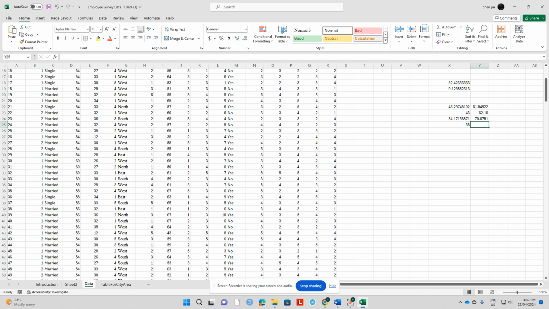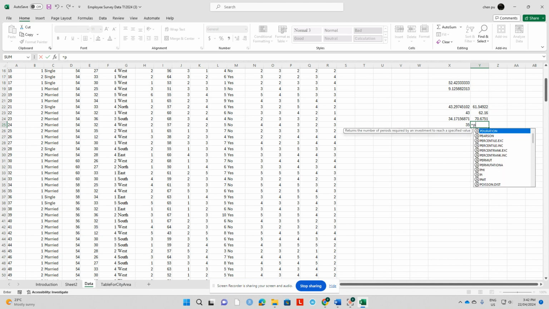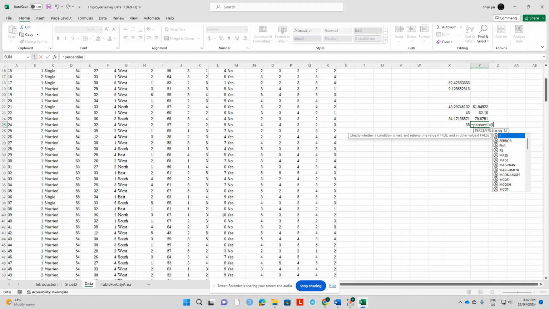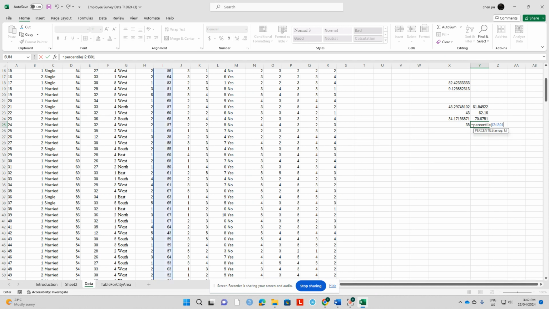And I calculate the 97.5 percentile, implying outside this there are only 2.5%. So, comma, 0.975.